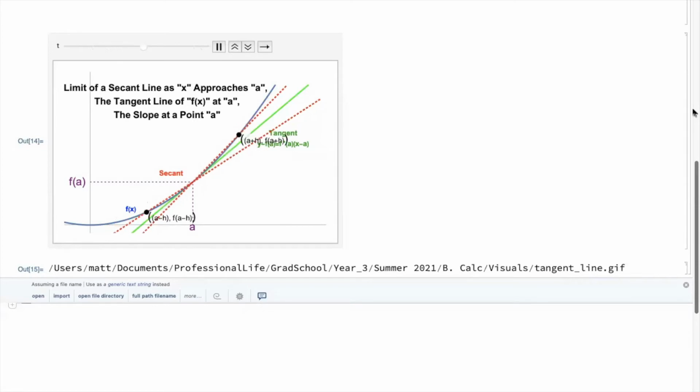If we were to find the equation for the secant lines that go through this point, let me draw that out on the board, so that it's easier to see.